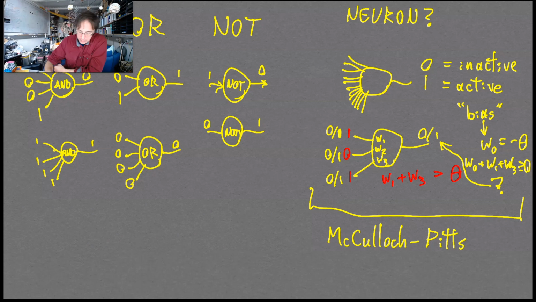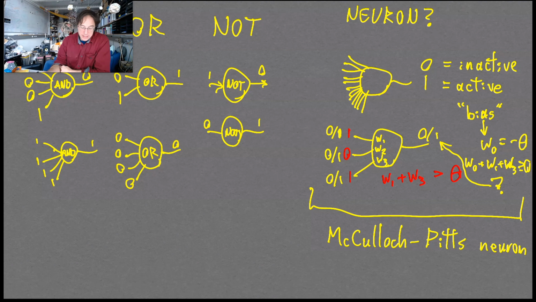Okay, so this is the McCulloch-Pitts neuron, and this basic idea that they came up with still underlies most of the very abstract neuron models that are used today.